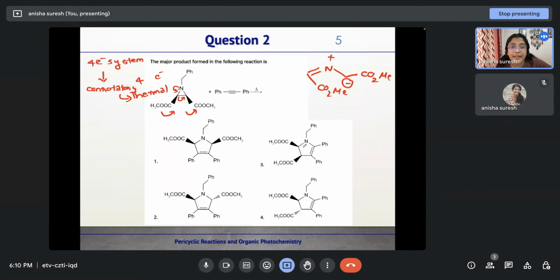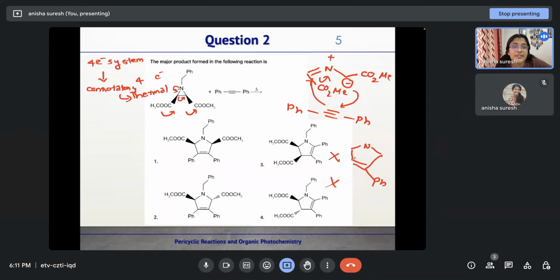So we can eliminate options 3 and 4 because they show a rearranged pattern of this dipole. So this will be reacting with the dipolarophile in this fashion. So we will be getting a 5-membered ring like this.